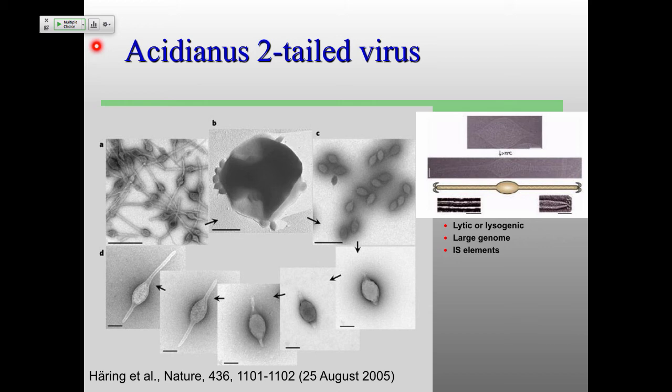These guys start out looking like a little SSV, actually somewhat larger than the SSV. But if you take these particles, the virions being produced by the cell, and incubate them at high temperature, they grow these tails on the outside of the cell.